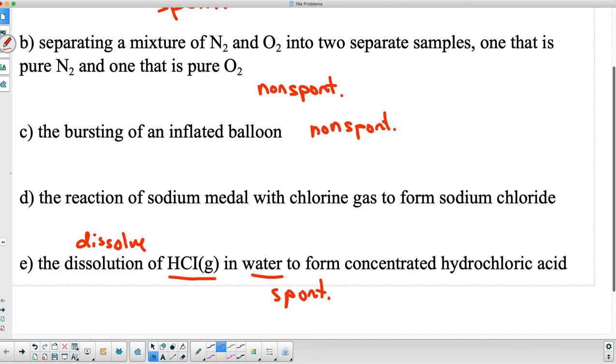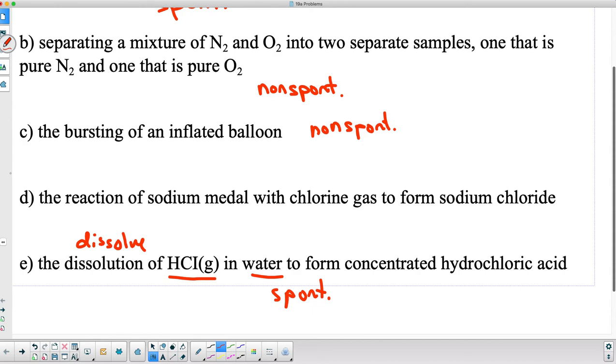I just want to make sure we're clear: if you have to set the apparatus up, that is outside intervention, but we are talking about after the process has started, where the HCl has bubbled through the water.